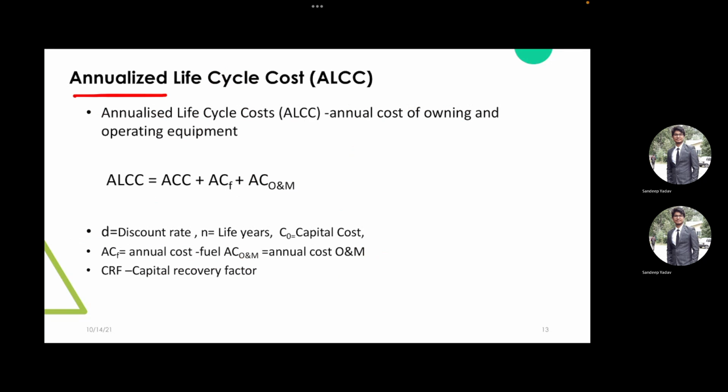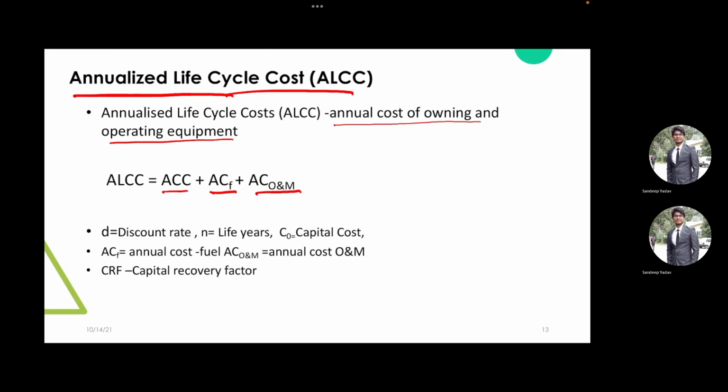Now, what is annualized life cycle cost? Annualized life cycle cost is the annual cost of owning and operating an equipment. The annual cost will be the sum of the annual capital cost, annual cost of fuel, and annual cost of operation.